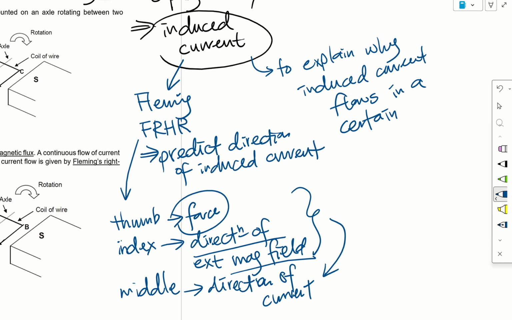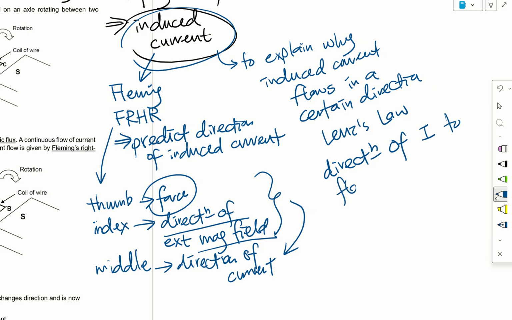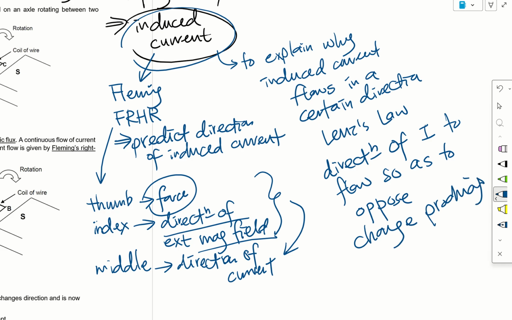To explain that, you have to rely on Lenz's law. Lenz's law is that the direction of induced current will be to flow so as to oppose the change producing it.